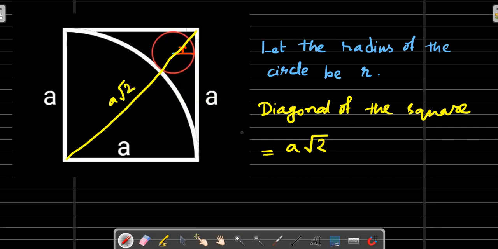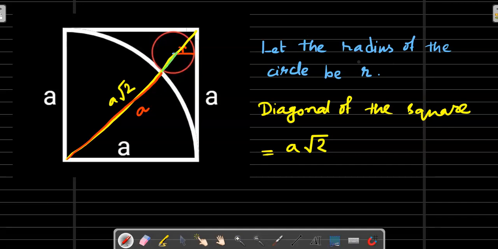Now we can find the diagonal in another way. So can you see that this is the radius of the quarter circle? So since this is the radius of the quarter circle, therefore this length is A. Now you see that this is the radius of the circle.